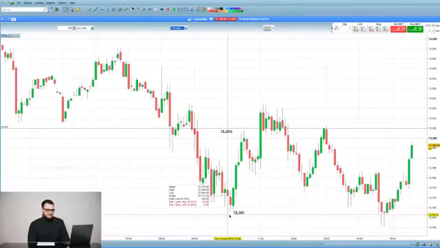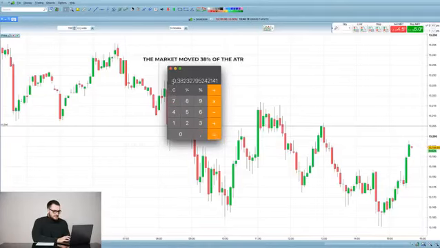From the market opening till here, we moved 45 points, and with a simple calculation we can work out how much of the ATR that is. So 45 points divided by 117.7 means that the market already moved 38% of its ATR.